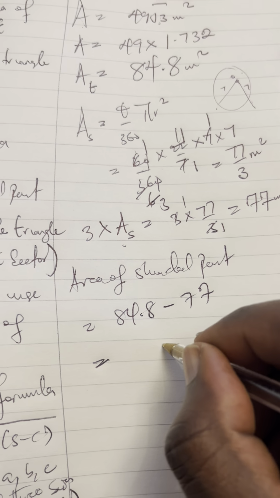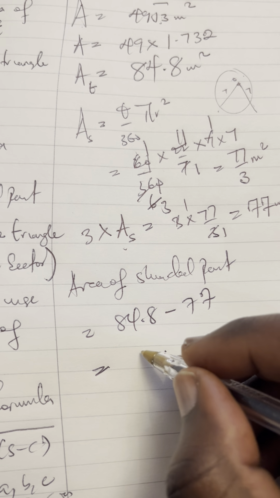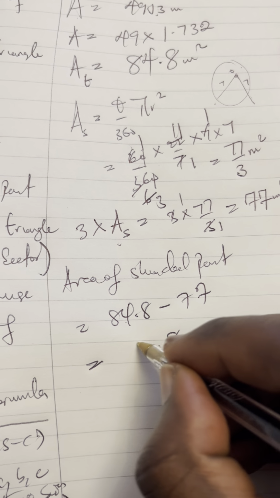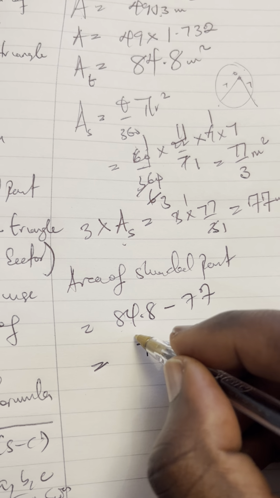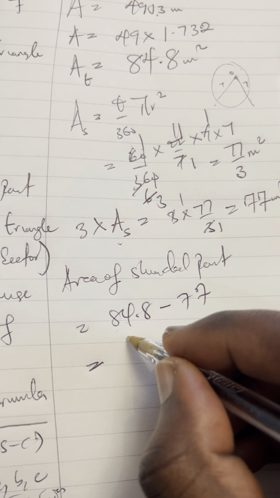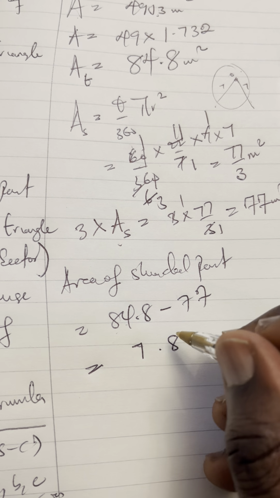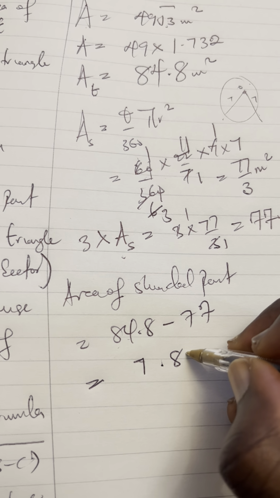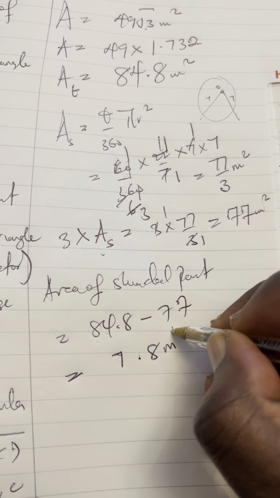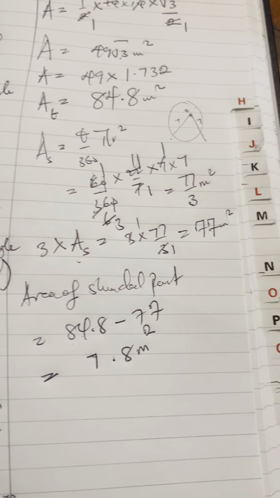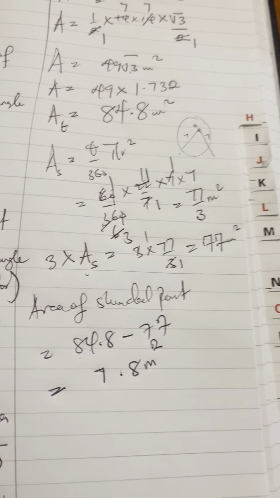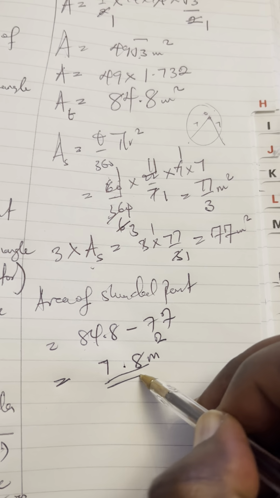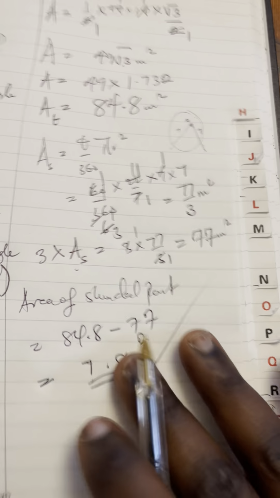That will give you 7.8 meters square. So the answer is 7.8 meters square. This is the area of the shaded part.